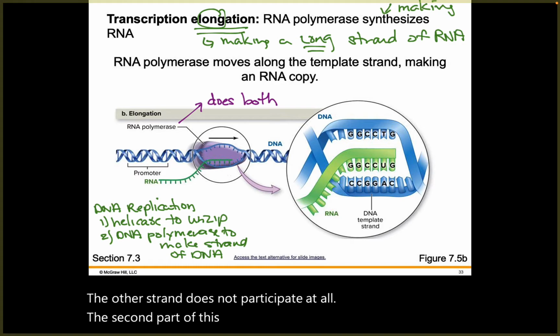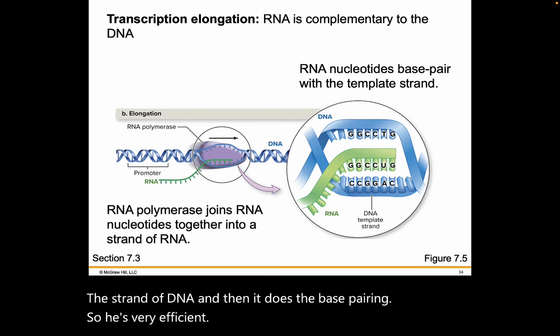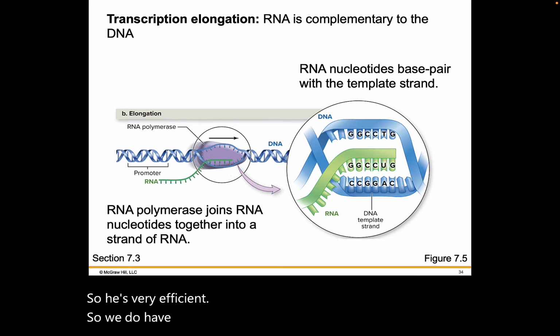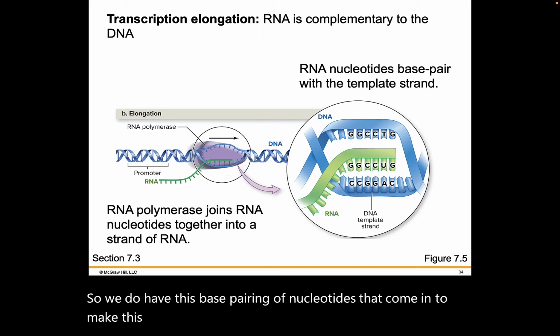It unzips the strand of DNA, and then it does the base pairing. So it's very efficient. So we do have this base pairing of nucleotides that come in to make this new strand of RNA.